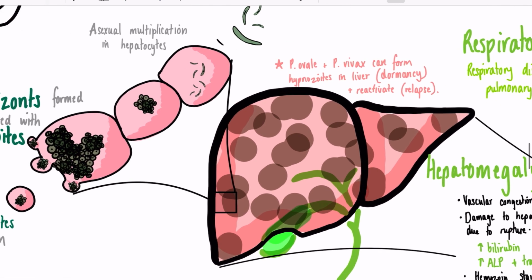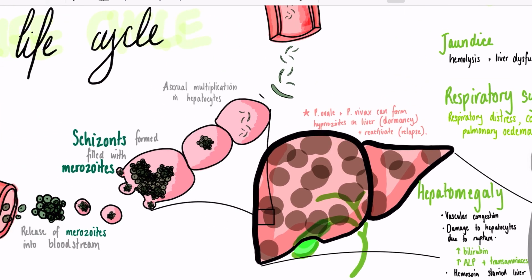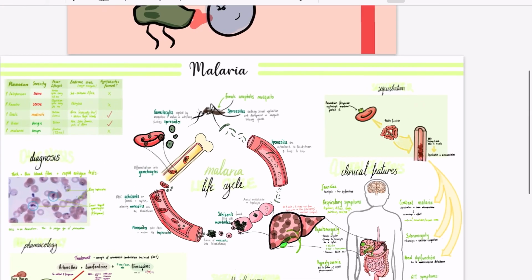When they've achieved dormancy in the liver, they can reside there for years, for months, for weeks, and then they can reactivate, causing a relapse. So someone might think they're cured from malaria, and then suddenly, boom, they've got fever, they're vomiting, they're nauseous, they're jaundiced. And it turns out that they had Plasmodium ovale or vivax. So that's the importance of the liver stage.